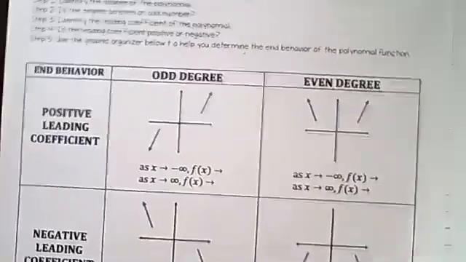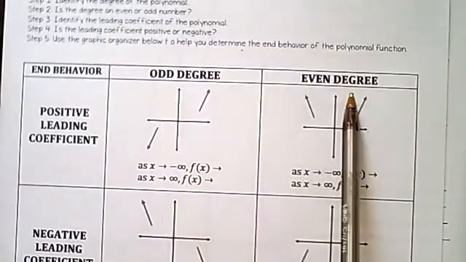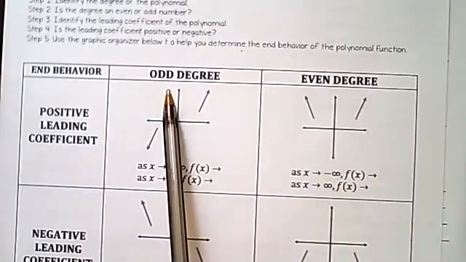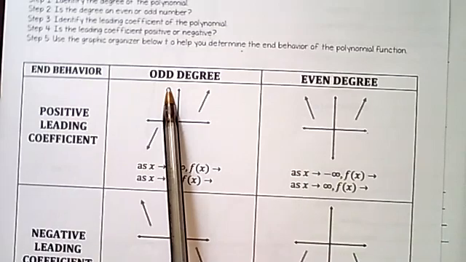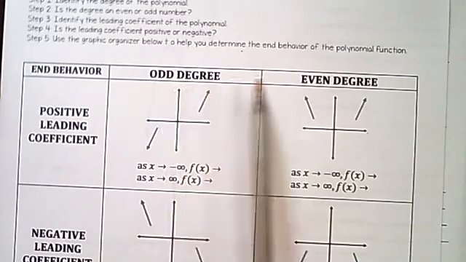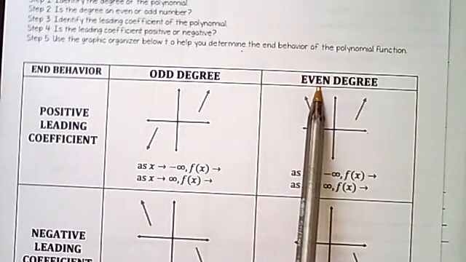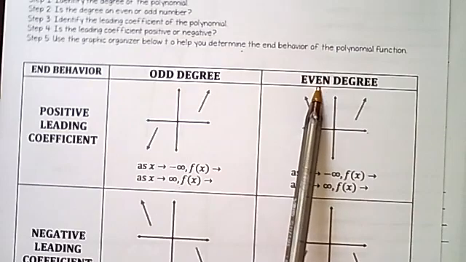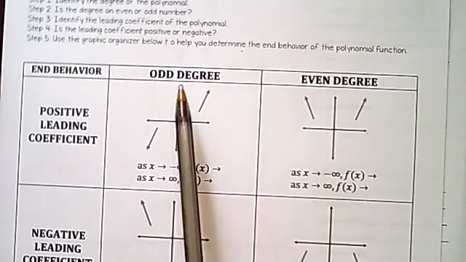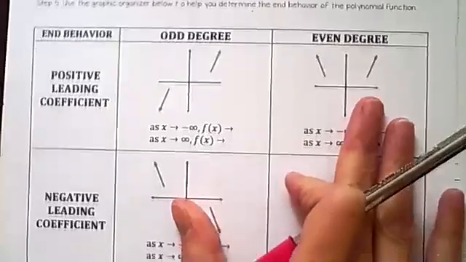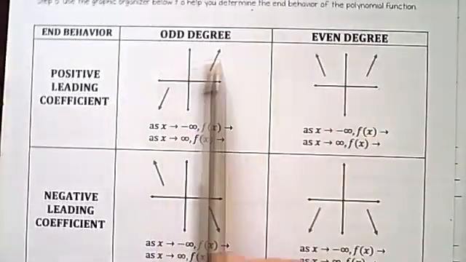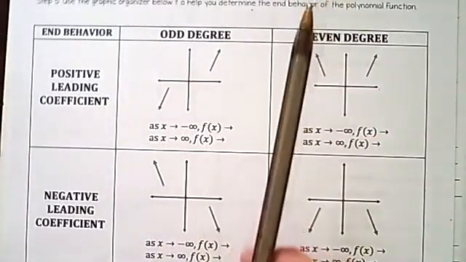So that's what we mean down here where we say odd degree versus even degree. It has an odd degree if the degree is 1, 3, 5, 7, 9, odd numbers. It has an even degree if it's 2, 4, 6, 8, and so on. For odd degree functions, one side always goes up and one side goes down.